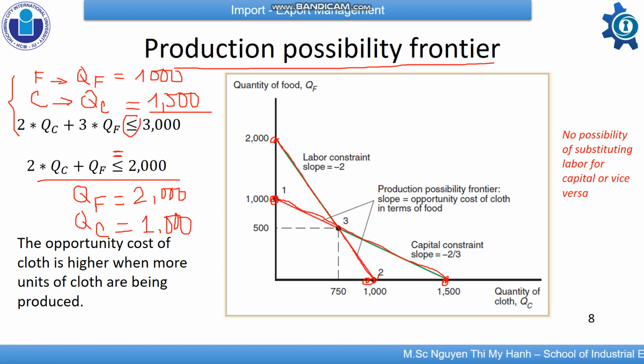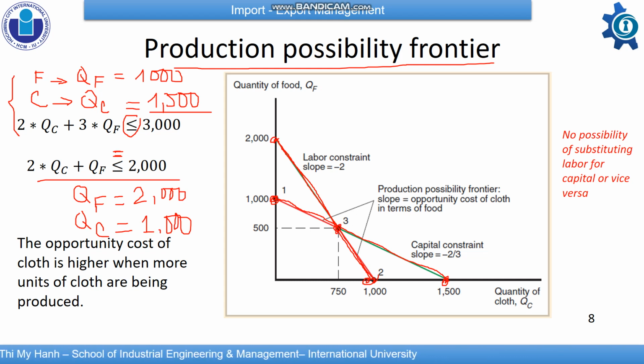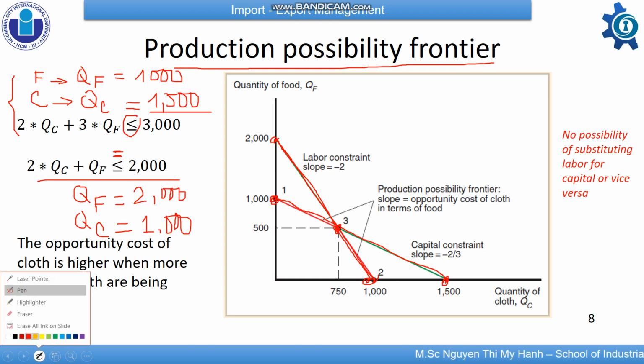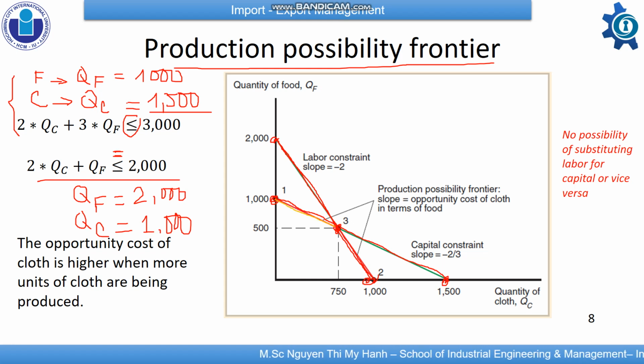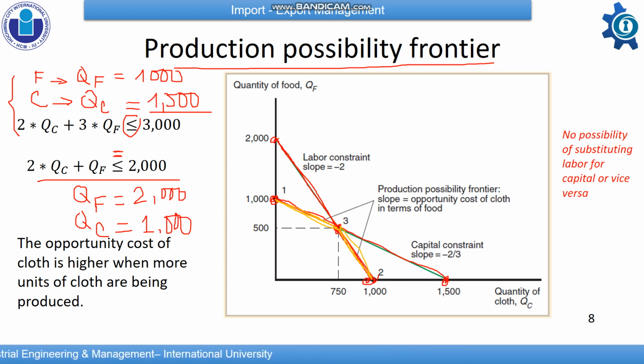After we draw the two lines for the capital constraint and the labor constraint, we see point 3 is the intersection between the labor constraint line and the capital constraint line. And we can see here the orange line, this one, is the PPF of this country for producing food and clothes.